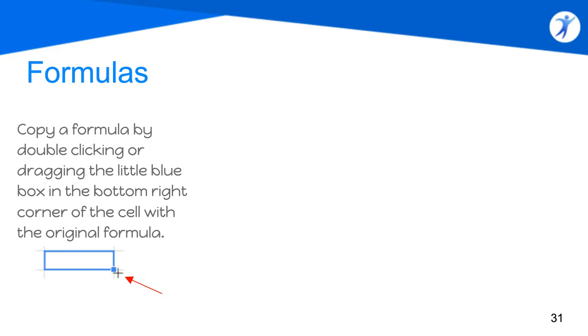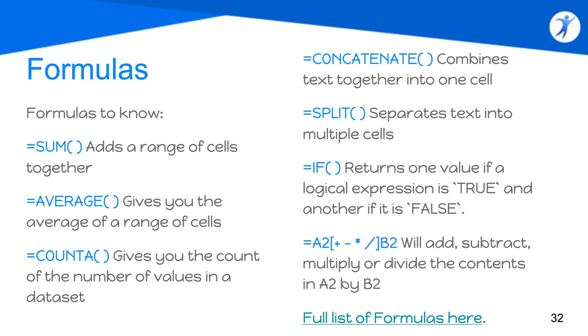The split does the opposite. So it would actually separate the text. So if you have a list of all of your students' email addresses, but you need to get rid of the at yourschool.edu and you just need their username, you could actually use this formula to split it at the at sign, so then you're just left with their username.